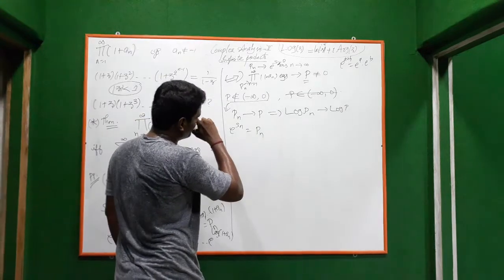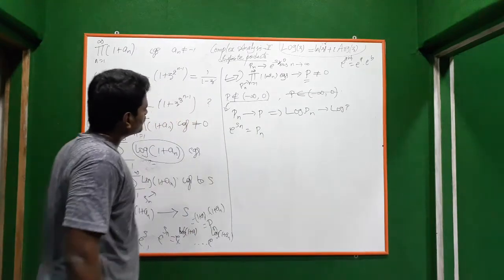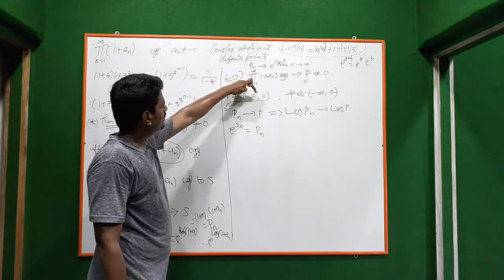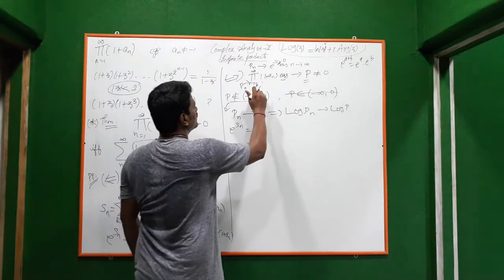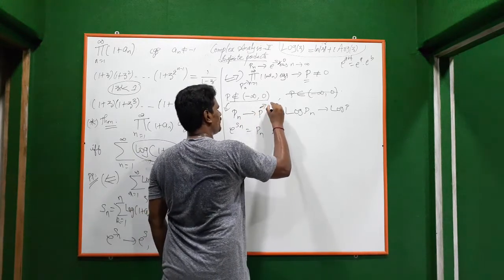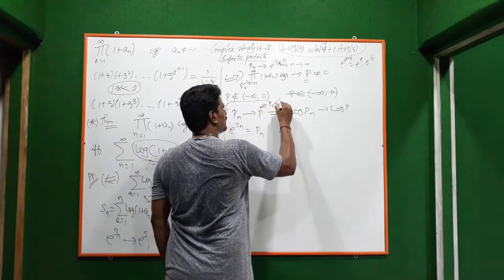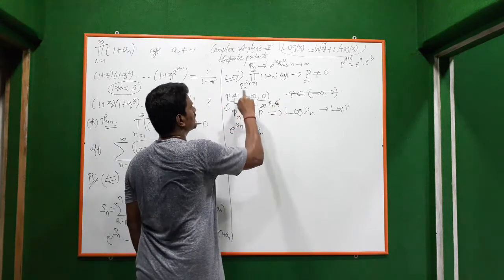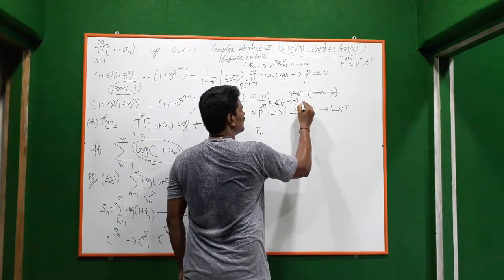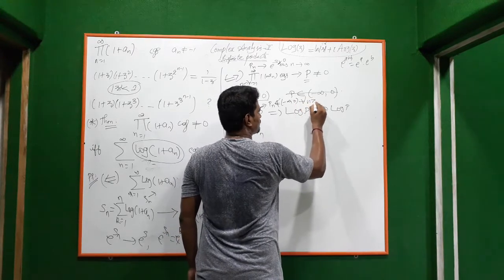And one minute, before that, P doesn't belong to minus infinity to 0, and Pn converges to P. This implies what? The elements of the sequence Pn don't belong to minus infinity to 0 after some stage.